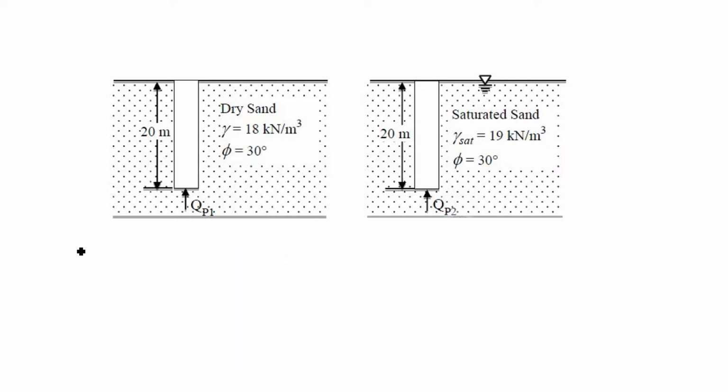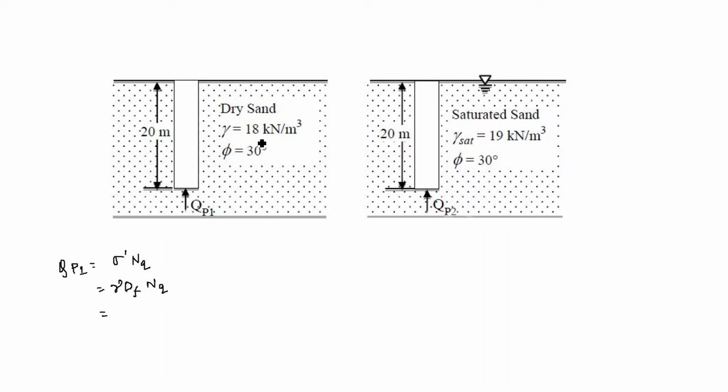For the first condition, Qp1 is equal to sigma dash Nq. Sigma dash will be gamma into Df, where Df is the depth of foundation or length of the pile, into Nq.